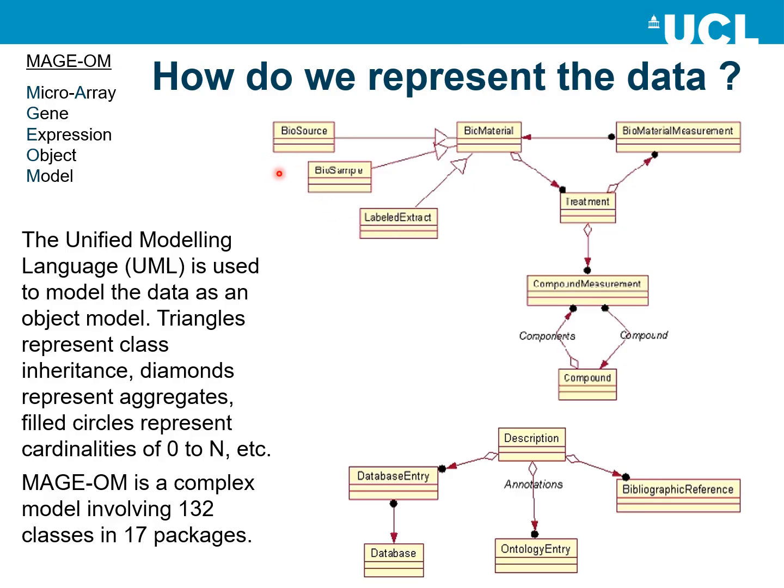So these are all stages in the experimental process. To actually go from, say, the biosample to a labeled extract, you have to apply a number of treatments to the biomaterial. So they've got the concept of a treatment which involves applying compounds to the biomaterial, such as the dyes.